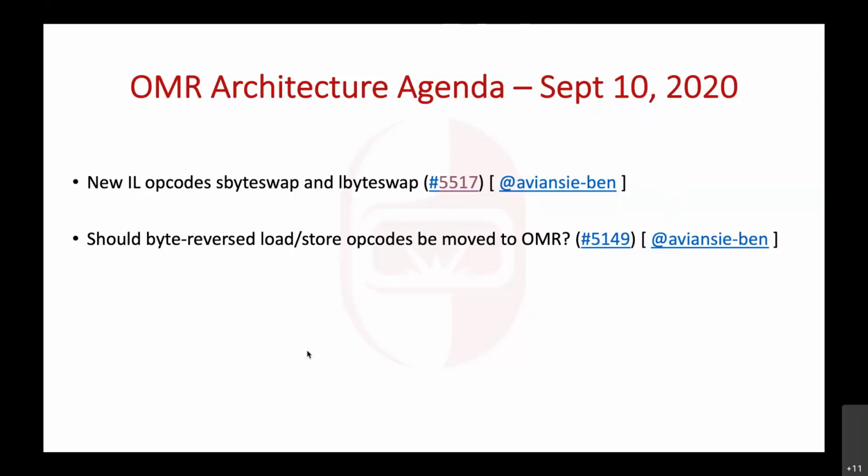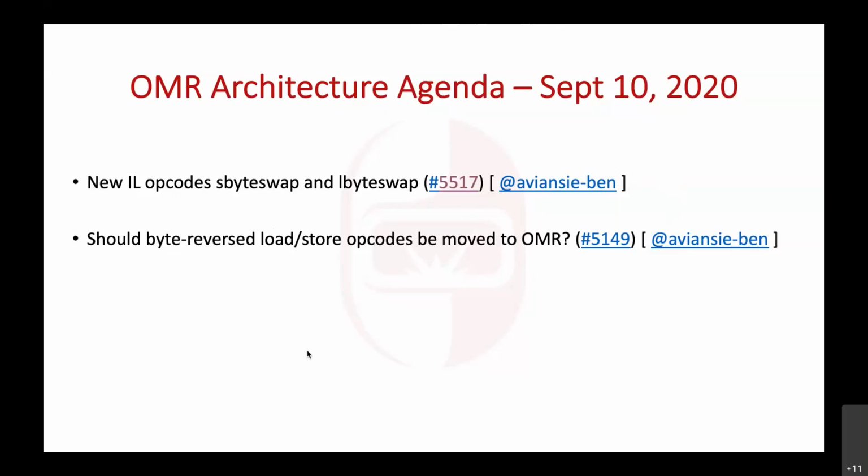Yeah, I don't see any reason myself right now. Presumably you could simulate it with either an ibyteswap or an lbyteswap with an I to A or an L to A on top, right? Yeah, you could. So we can just go with these three for now. We have a solution already for that problem if it comes up, and then we can evaluate whether it makes sense to.